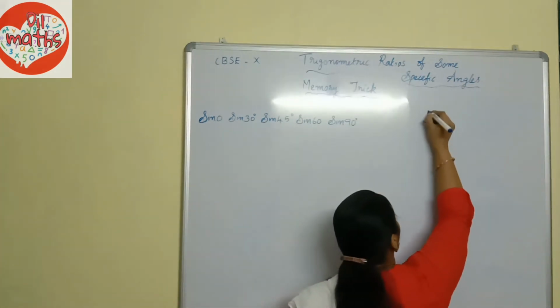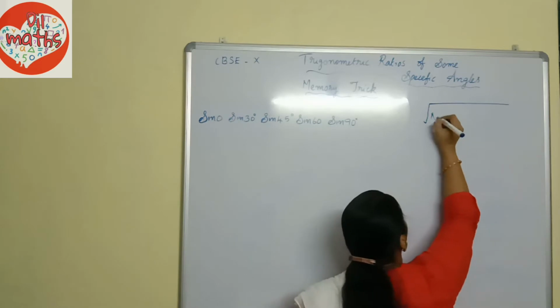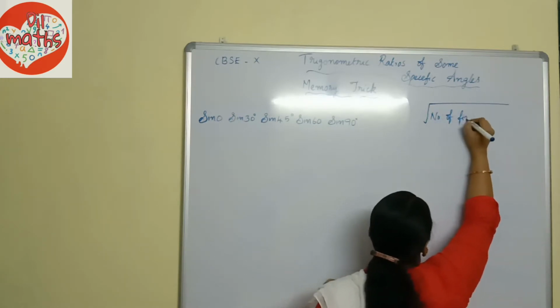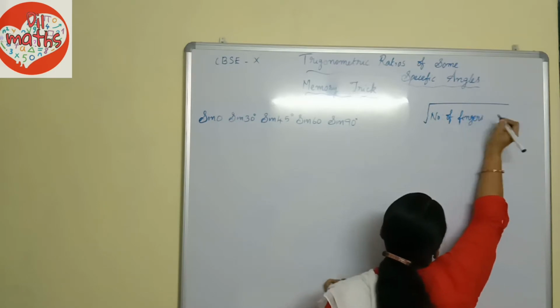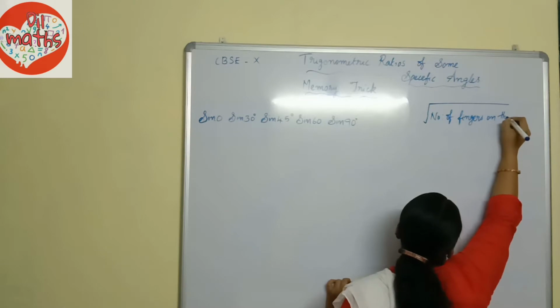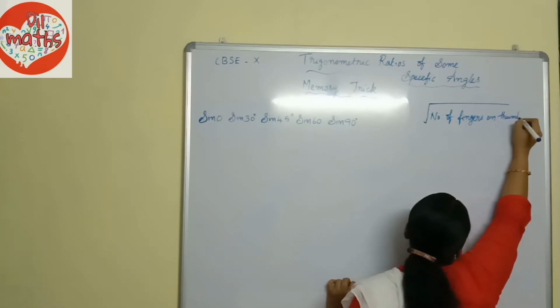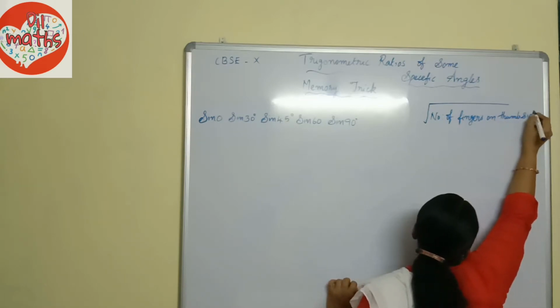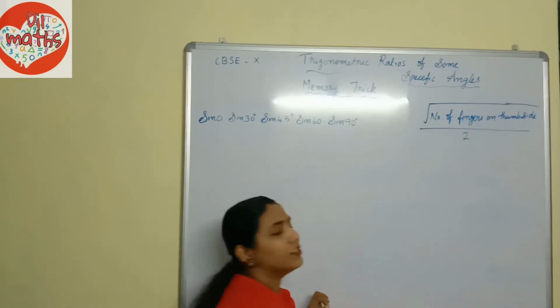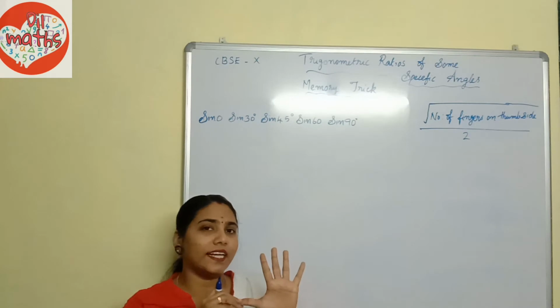Square root of number of fingers on thumb side, divided by 2.